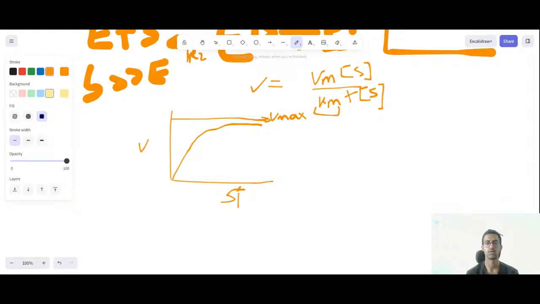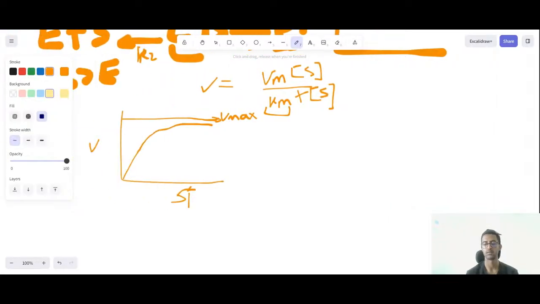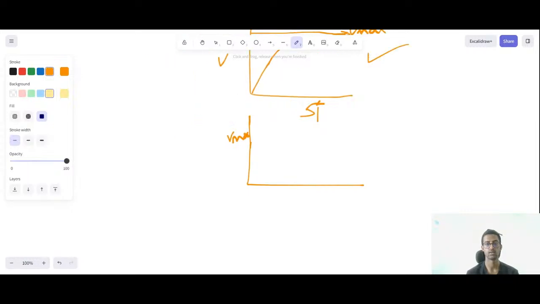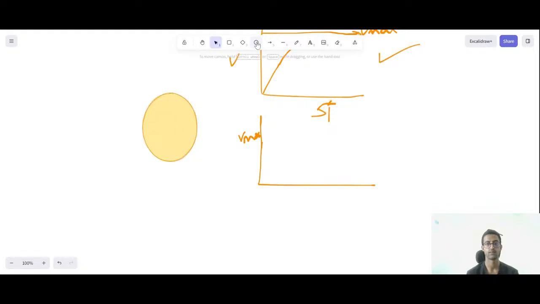But when it comes to the allosteric site, as opposed to the active site, for example, if it is non-competitive, the graph changes. For example, Vmax, at the active site, this is what you had.